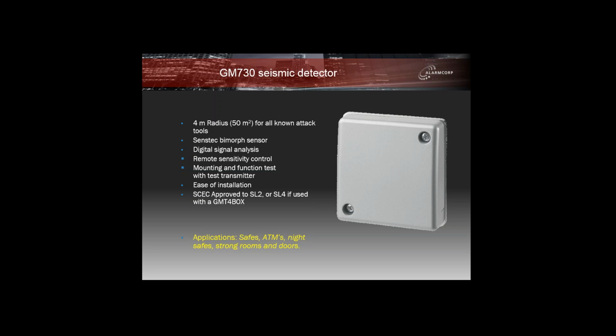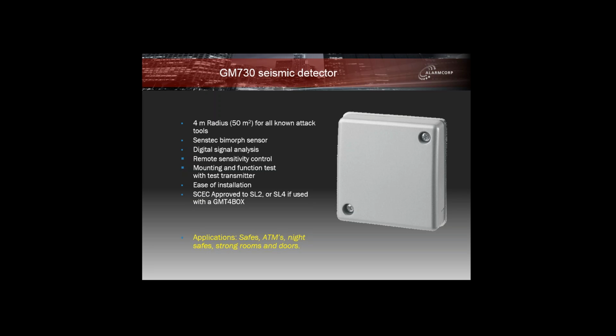The next option, it says here, mounting and functional test with a test transmitter. One of the biggest questions that people ask is how can I test this seismic when it's in operation? Certainly one of the best ways to do it is there's an optional test transmitter. That's a little disc with a couple of wires that gets inserted into some terminals and it sits in its own little location within the seismic detector.